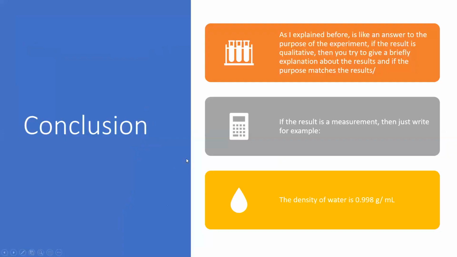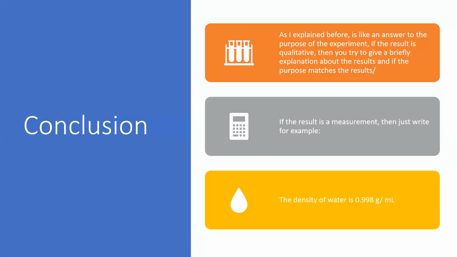And the conclusion, as I told you before, has to do with the purpose of the experiment. For example, you can write just the density of water was 0.998 grams per milliliter, if it is just a result that comes from a measurement.